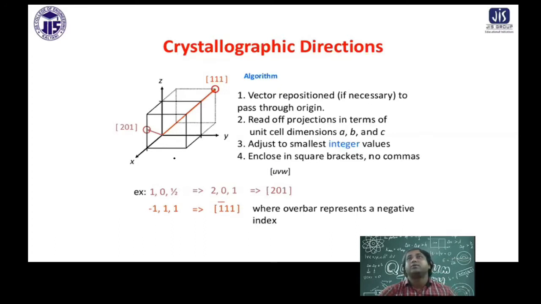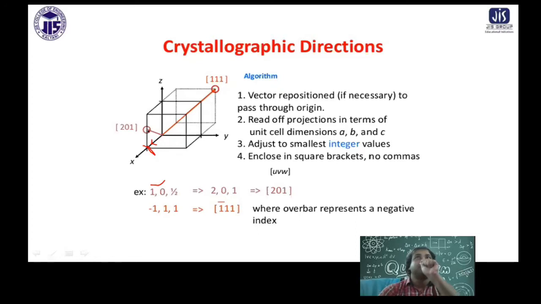choose any point. Okay, this point, for example. This is the origin. Here x is 1. The y is 0. Y means here, so it is along this line.